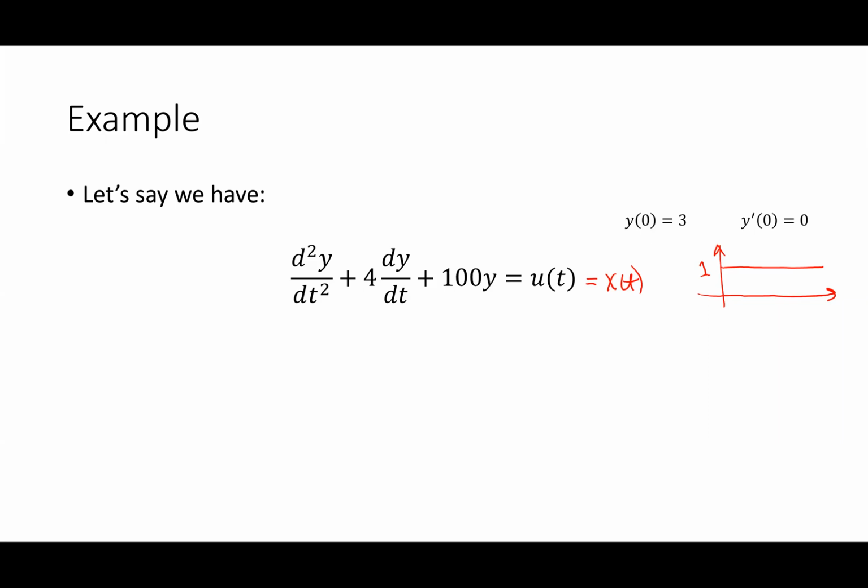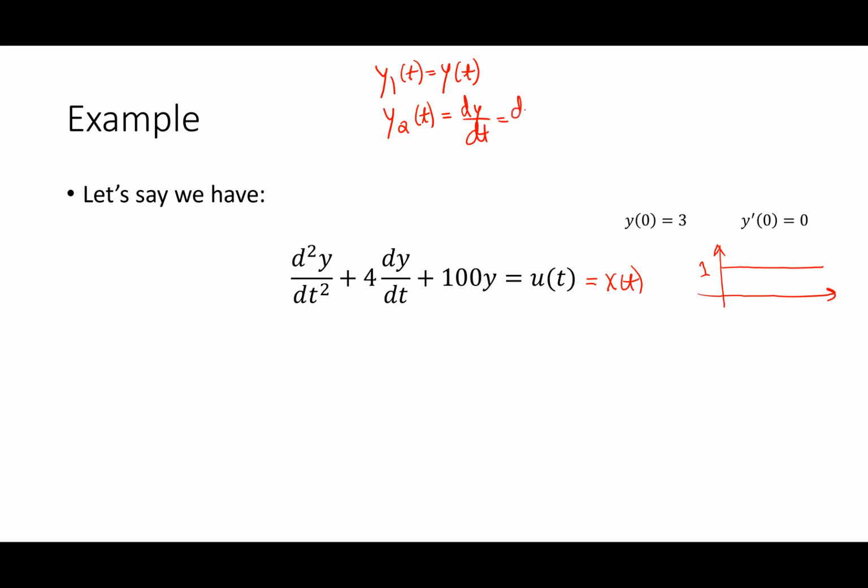All right, so let's discretize this. I don't want to go all the way through it because we already did, but I want to remind us that we choose y1 of t to be equal to the actual output y of t, and we choose y2 of t, the second variable, to be the derivative of the first one.